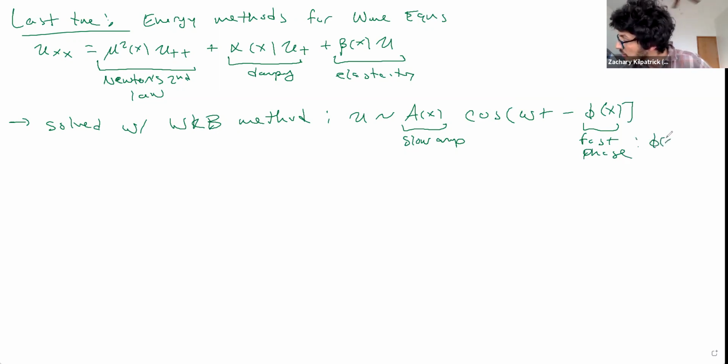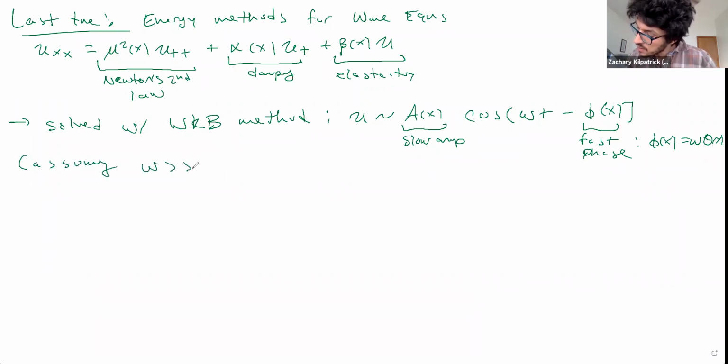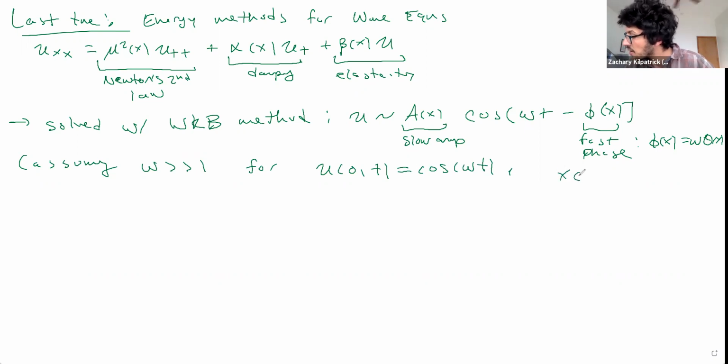And phi of x here is equal to omega theta of x. Okay, and we had taken the case where we assumed that omega is much greater than 1, for some initial boundary condition u(0,t) equals cosine omega t, and our domain is from 0 to infinity.